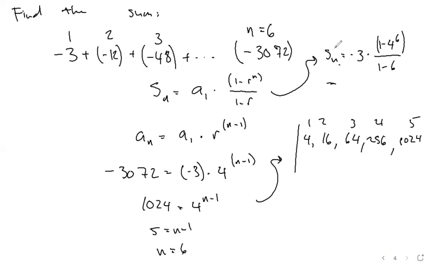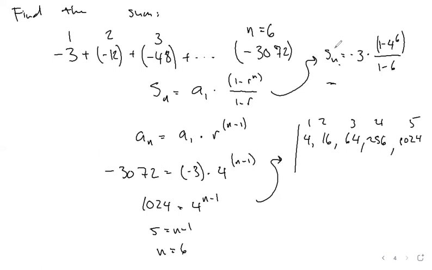This is going to take me a minute. 1 minus 4 to the 6 times minus 3 divided by 5. Huh. Hold on a second. I'm getting something silly here.